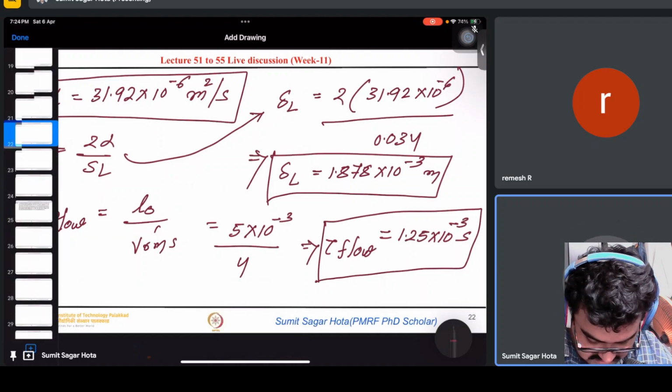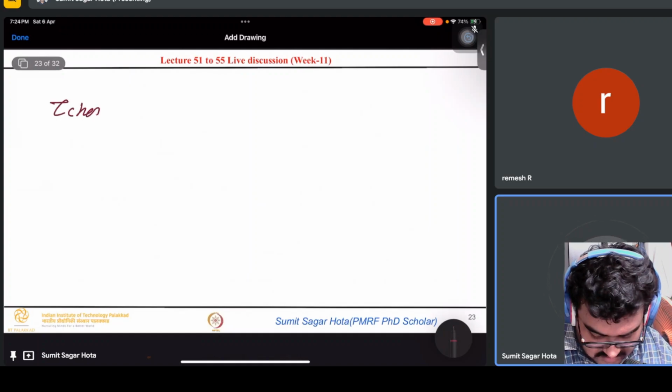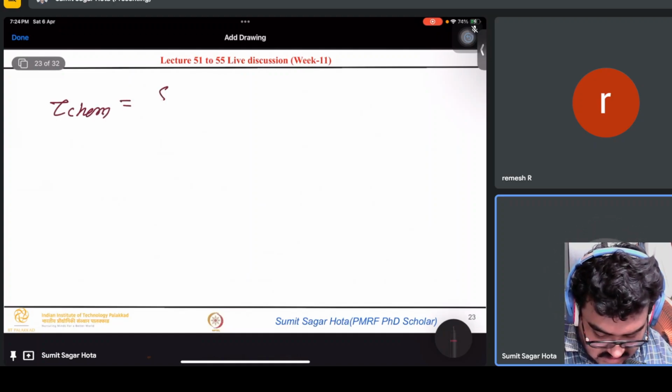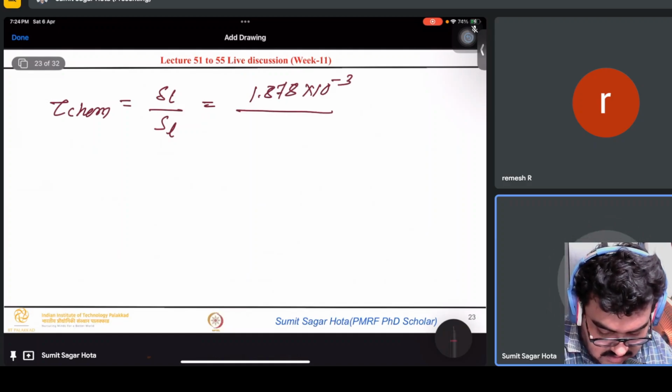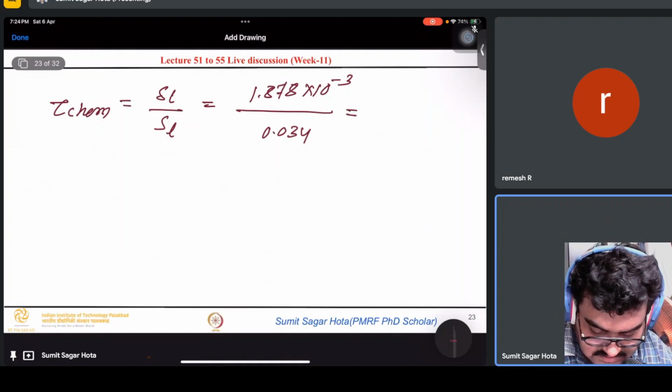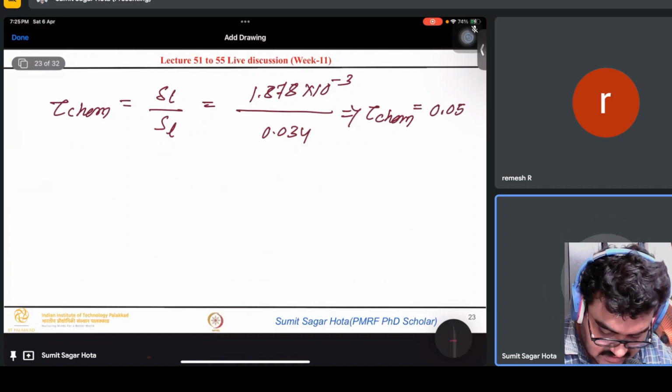All the hard work is for the time scale. So see how we come to delta L by SL: 1.878 into 10 to the power minus 3 by 1034 point 0.0556.